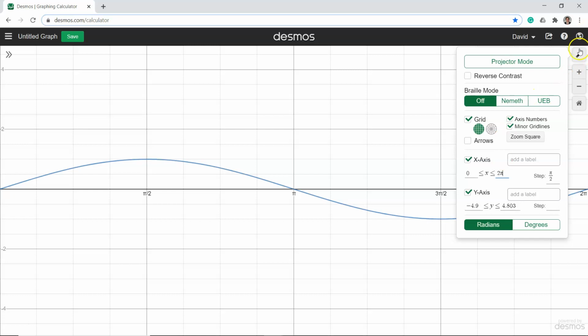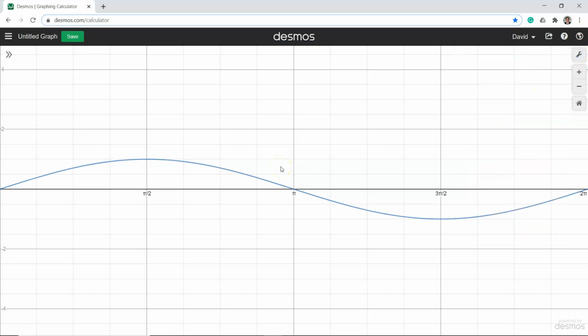Okay, there we go, much better. So this is the first wave of our sine wave. And now we can highlight just the quarter points: 0, 0; pi over 2, 1; pi, 0; 3 pi over 2, negative 1; and 2 pi, 0. So Desmos is also really good for doing anything with the 5 quarter points.